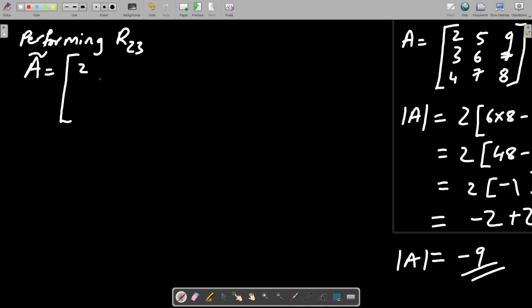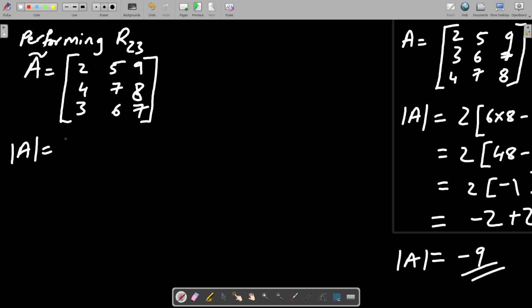First row as it is: 2, 5, 9. Then 4, 7, 8, and 3, 6, 7. So let us calculate the determinant of A tilde over here.